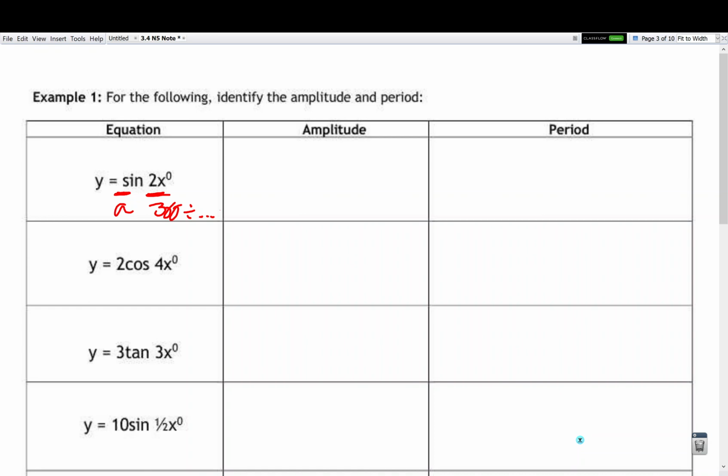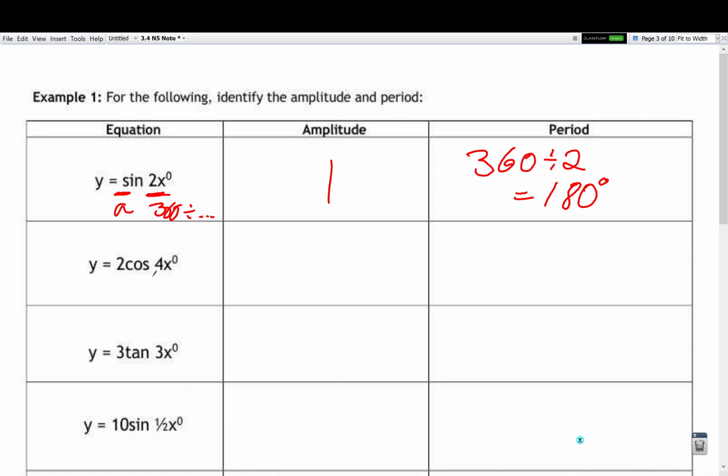So if you have 1 sine x, the amplitude is 1. If you have sine 2x, that means the graph repeats itself twice. So the period is 360 divided by 2, which is 180 degrees. So there would be 2 full waves in 360 degrees.